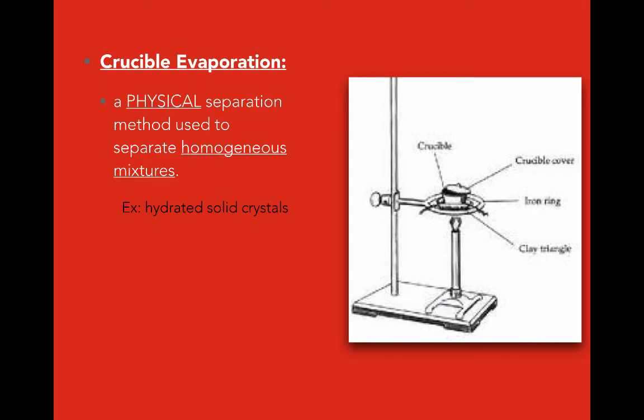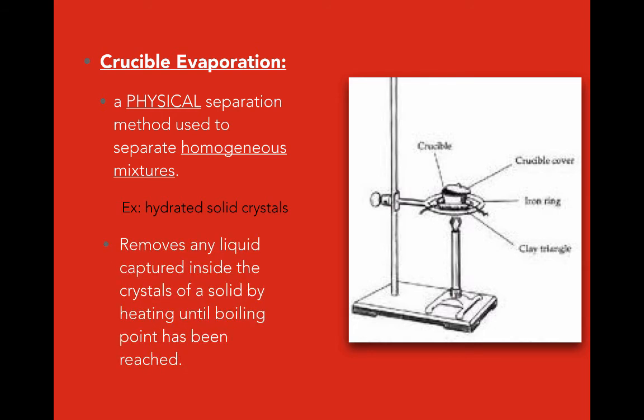Crucible evaporation is similar to the watch glass evaporation, but the homogeneous mixture appears to be solid. We use this method to remove any liquid trapped between the solid particles.